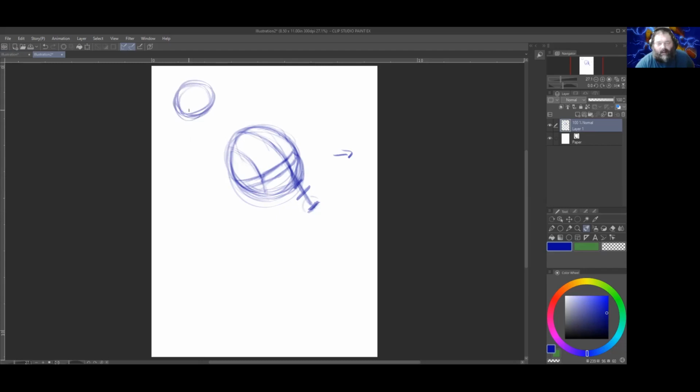If you look at it from straight on, it doesn't look like that. It actually kind of flattens out on the side here. You have to flatten out the circle here. And we'll draw a line to bisect that where it's a straight line.